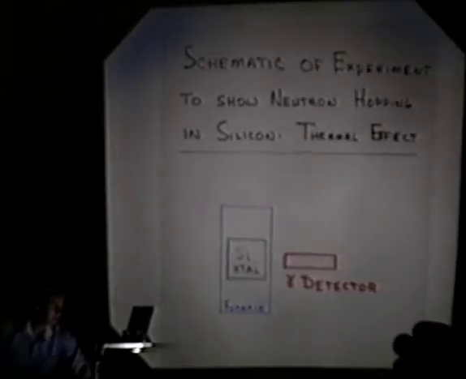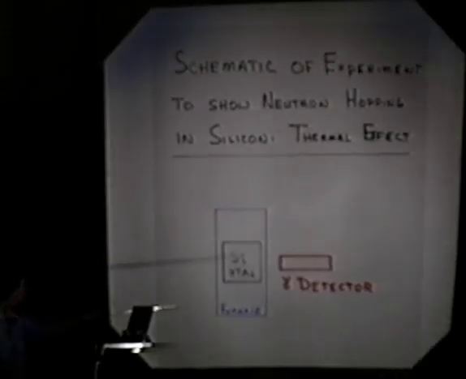The calculation applies to an experiment, the schematic of which looks like this. You put your silicon into a furnace, you use a gamma counter to measure it. The conclusion for this neutron hopping section is that there is a neutron hopping effect. We've calculated it. The math shows it can be strongly enhanced in a driven phonon field.